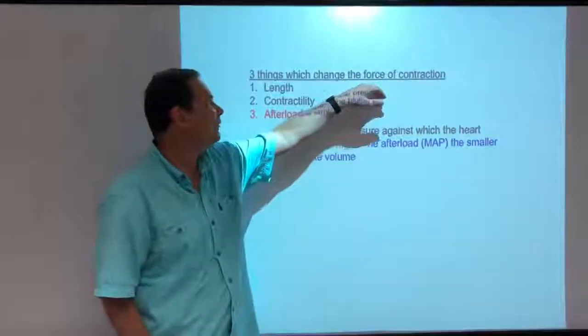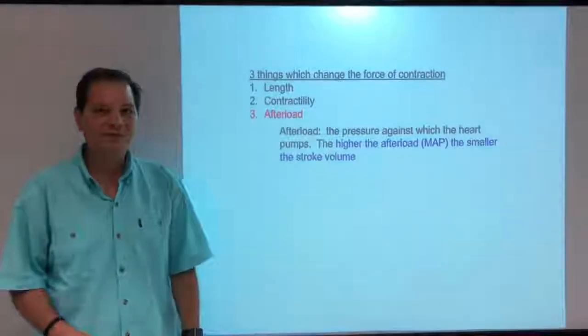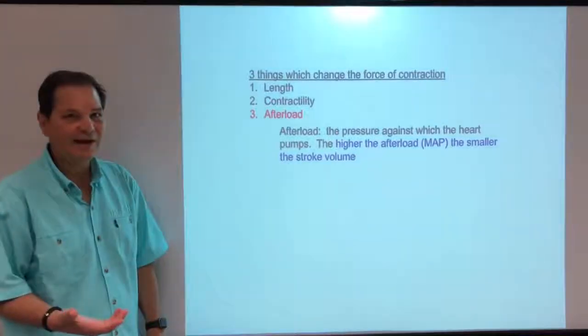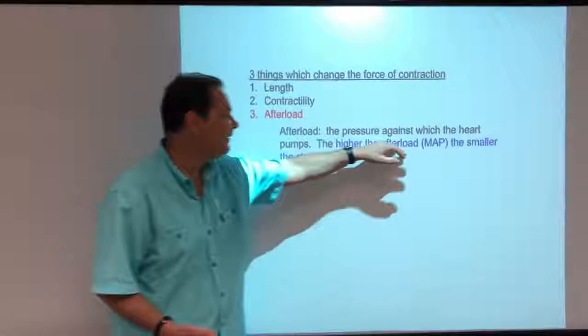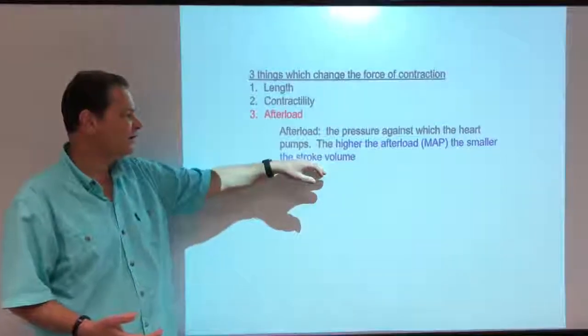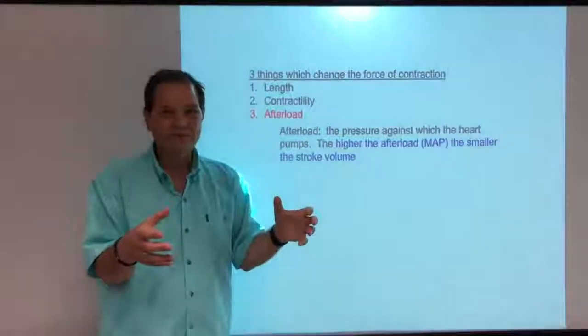Technically speaking, I wouldn't say it decreases the force of contraction. What I would say is it decreases the extent of the contraction that you can have. The higher the afterload, or the higher the load on the muscle, the smaller the stroke volume, the smaller the contraction of that muscle, okay?